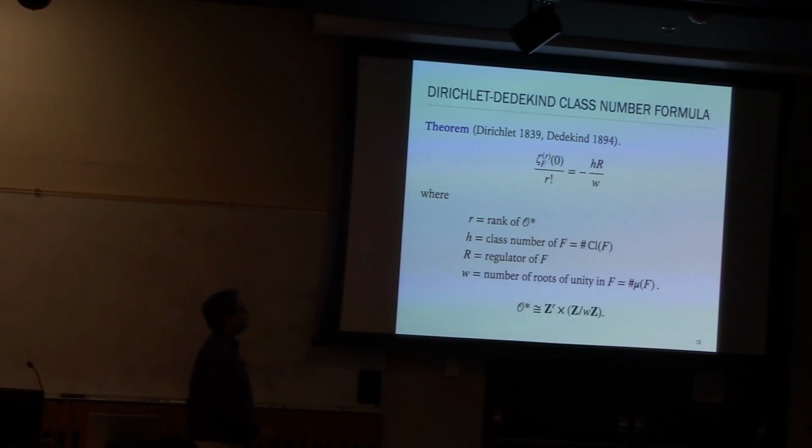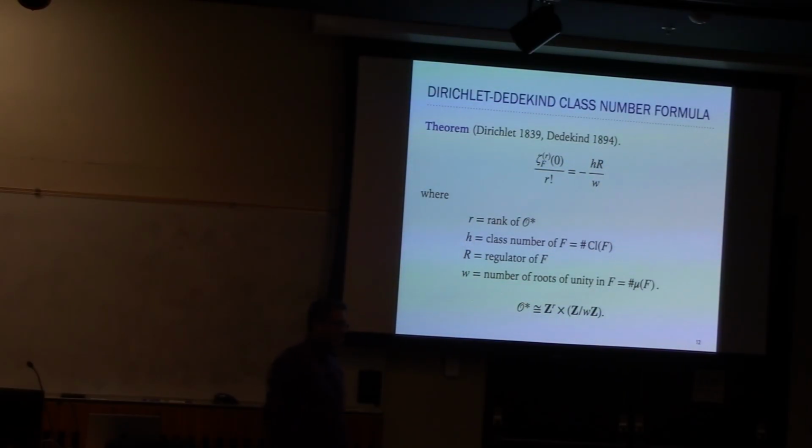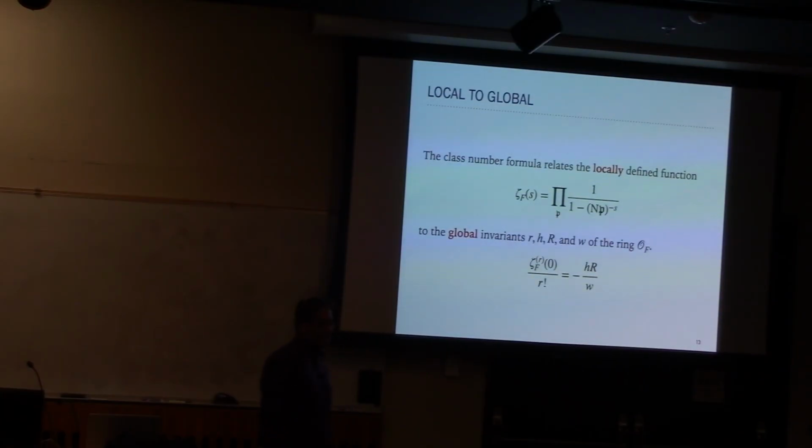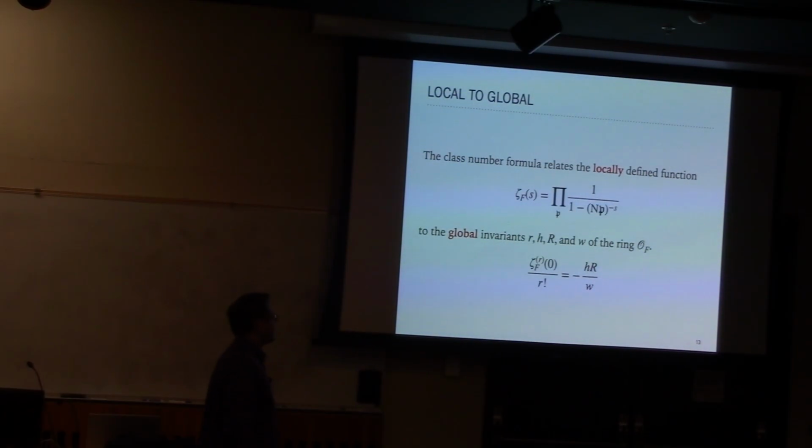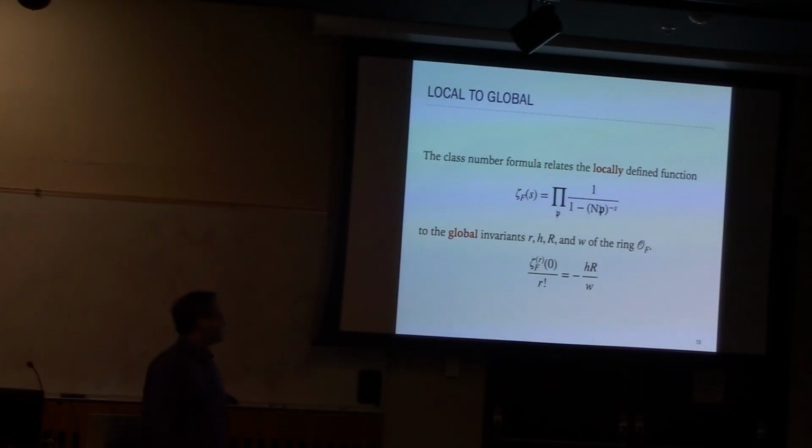And so this is a really cool theorem. A lot of people think this is cool because it's linking something analytic and something algebraic. But really, the depth of this conjecture is not about the fact that it's linking something analytic and something algebraic. The depth of the conjecture is that it's linking something locally defined to something globally defined.